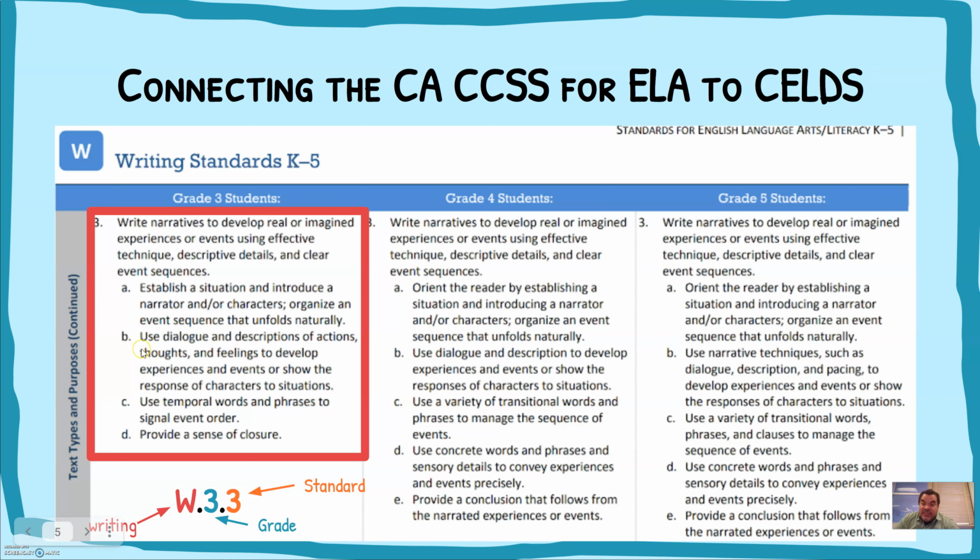Substandard B, use dialogue and description of actions, thoughts, and feelings to develop experiences and events or show the response of characters to situation. Substandard C, use temporal words and phrases to signal events. Substandard D, provide a sense of closure.